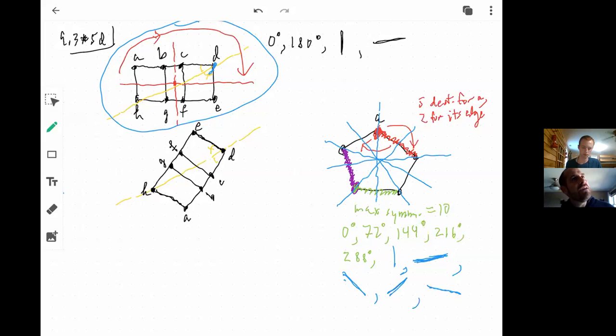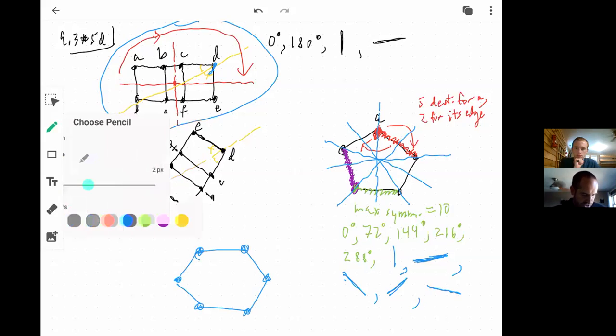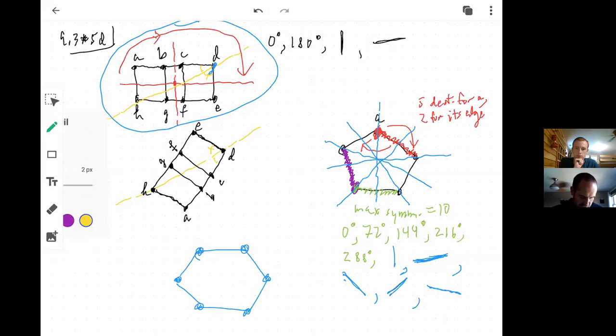If it was like a hexagon, well, I feel like you would have a lot more symmetry, wouldn't you? So here, here, here, I didn't draw a very symmetrical picture, but here, here, here.